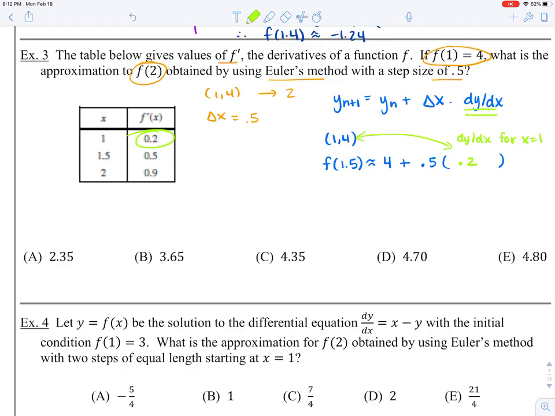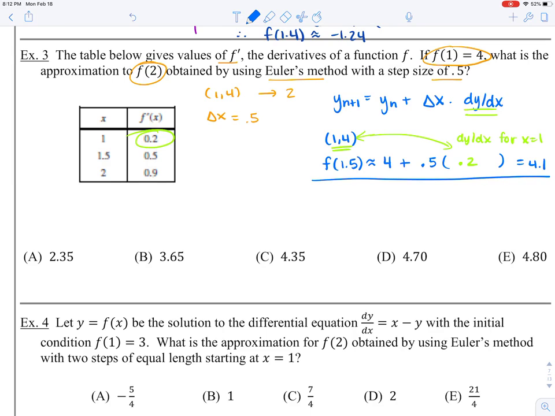Notice I didn't take the dy dx for 1.5. I took the dy dx for 1 because we're only using this point in this calculation. So when all is said and done, I should end up with an answer here of 4.1.